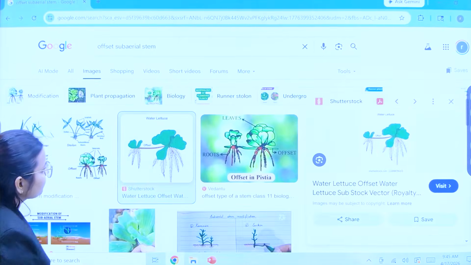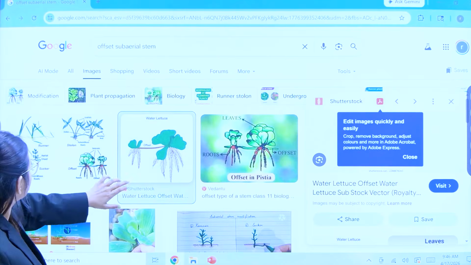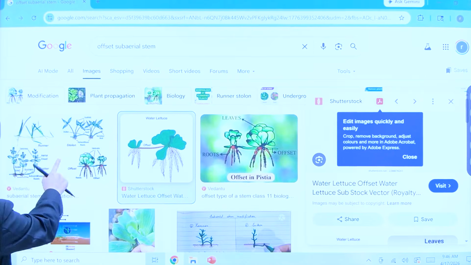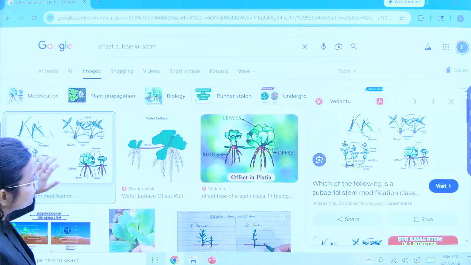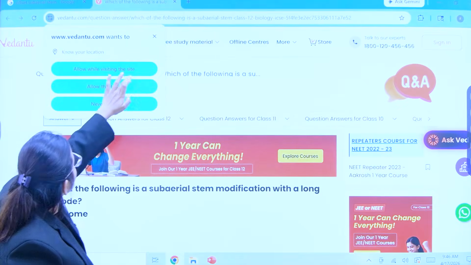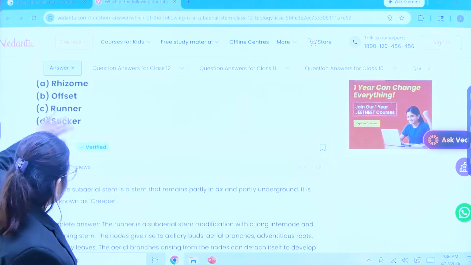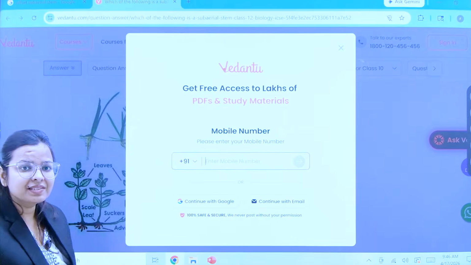See, can you see it? Can you see the diagram? Now it is clear.